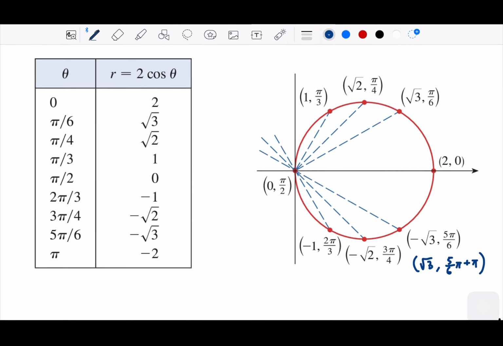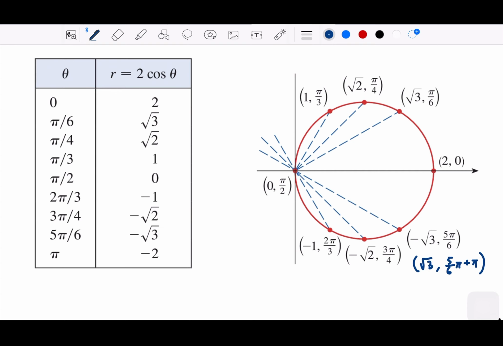Okay. Now, this is for cosine. When you have sine, which is the complement of cosine, you will get a similar circle but in a different position.